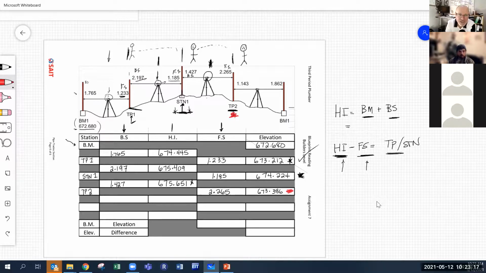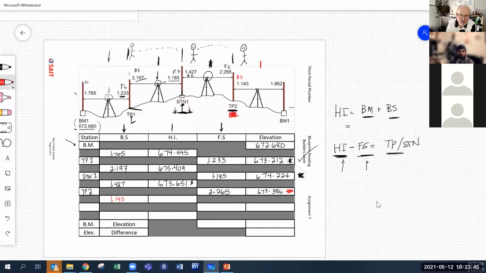So once I have my new elevation at a turning point, I move the instrument to a new location. And then I take a back sight right here. And that back sight says it's 1.143.